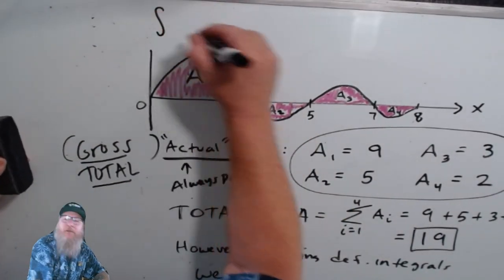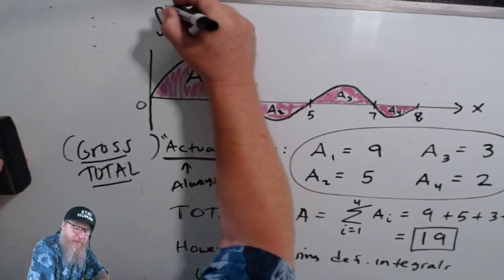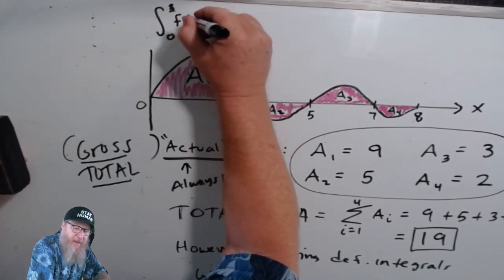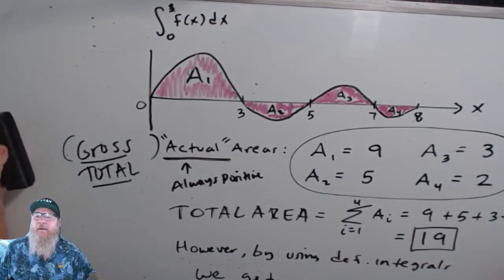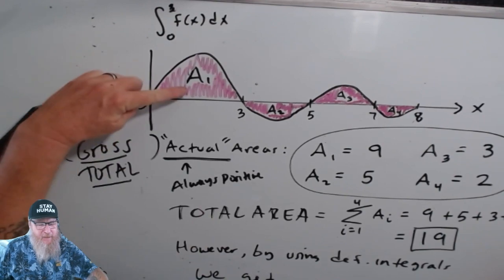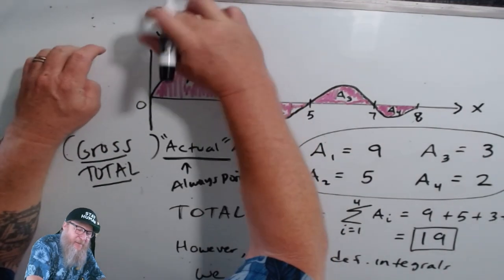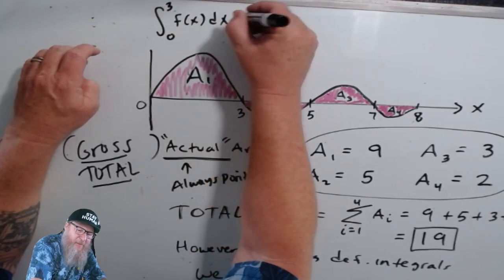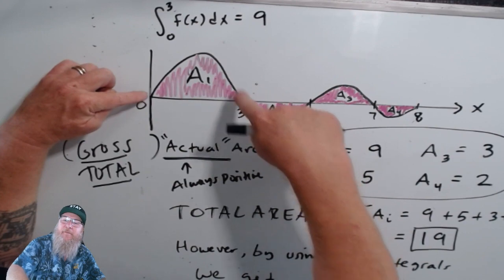Let's do the integral from 0 to 3 of f of x. Well, because it's above the x-axis, you're going to get 9. You're going to get that area from 0 to 3.